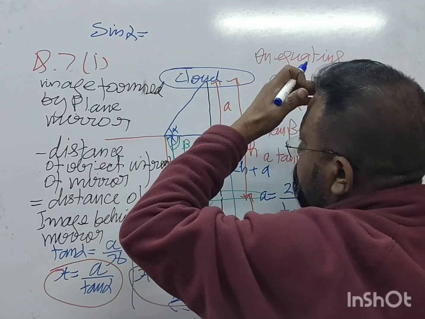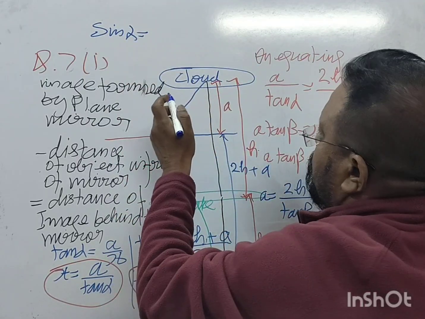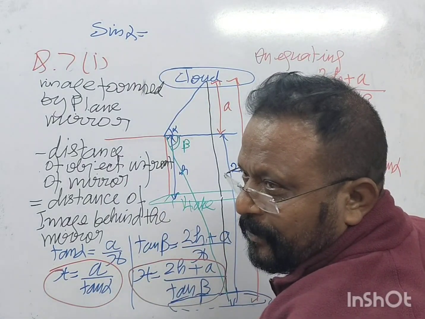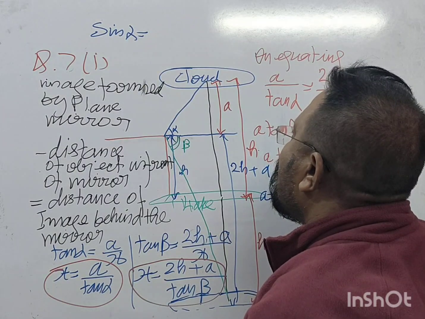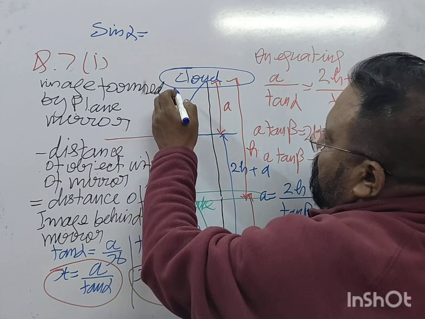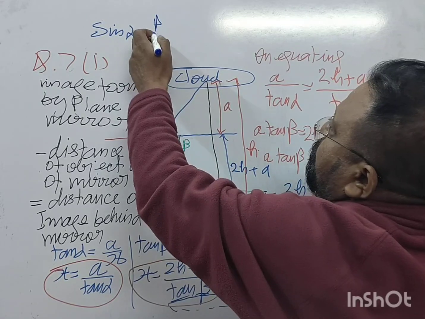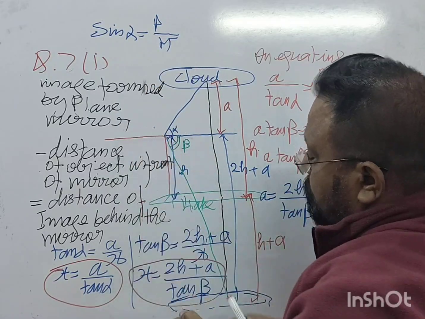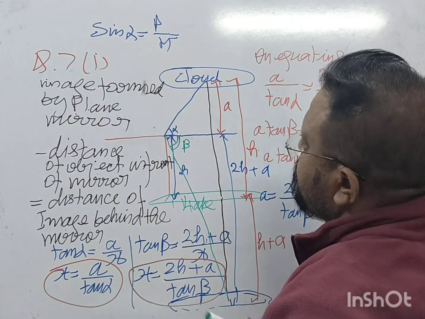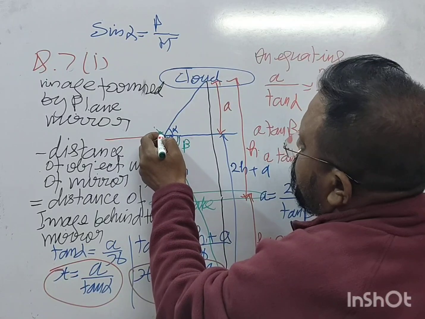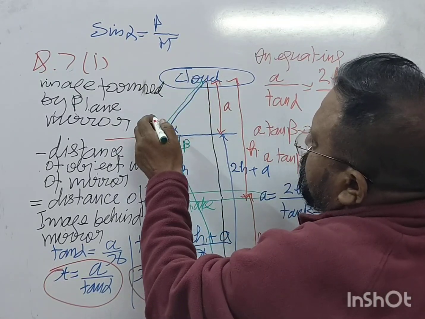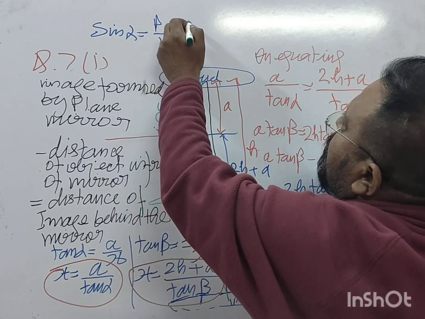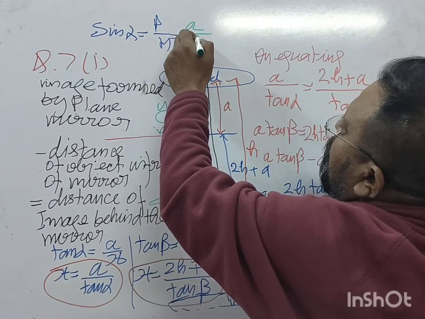Sine alpha is equal to perpendicular upon hypotenuse. So perpendicular is this distance of point of observation from cloud, A, and the hypotenuse is y.